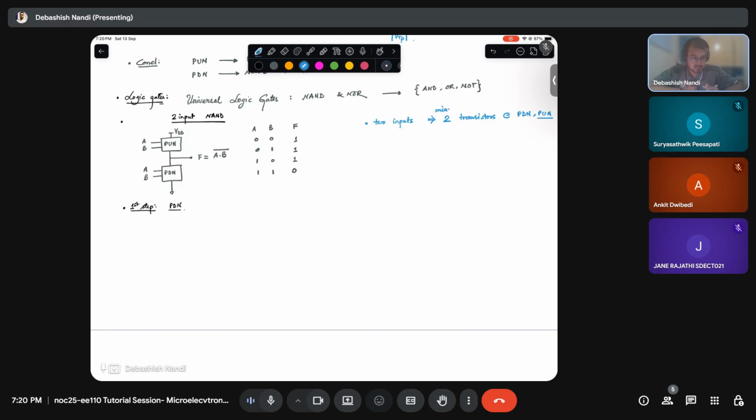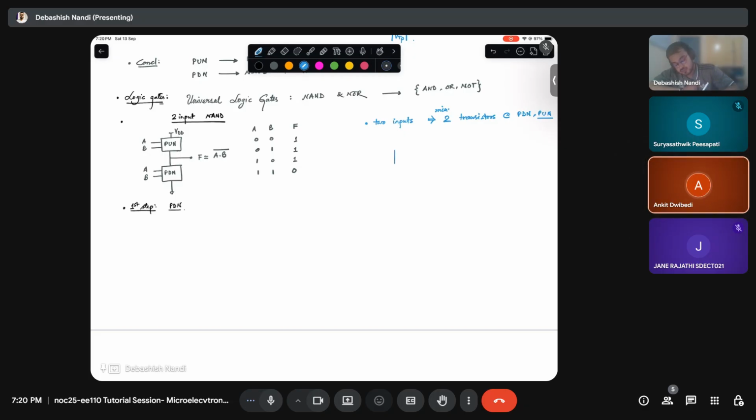The question is, if I have two inputs, I need to have at least two transistors in my PDN or in my PUN. Why am I able to say that? Because my logic is of two logic levels, 0 and 1.